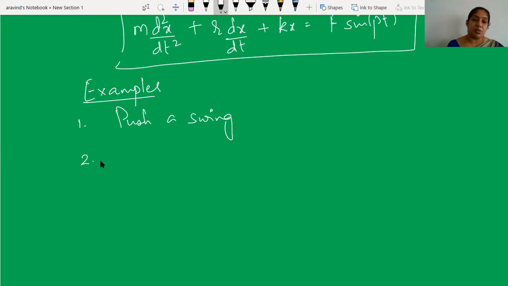I can give the second example, say vibrations produced in the eardrum. We know that sound waves are pressure waves. So whenever these pressure waves are falling into the eardrum, there is a diaphragm inside the ear. Diaphragm is a thin membrane.